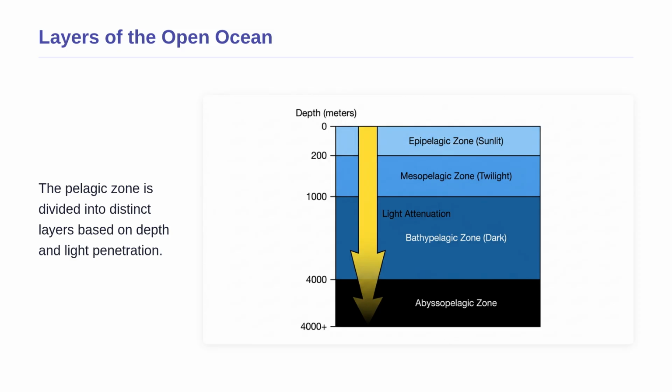Deeper still is the bathypelagic zone, plunging to 4,000 meters into pure darkness. Finally, at the very bottom lies the abyssopelagic zone. Notice the yellow arrow representing light attenuation. As we travel deeper, sunlight disappears completely, fundamentally changing the environment.